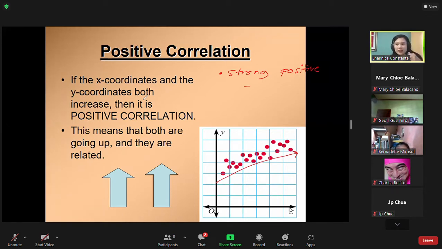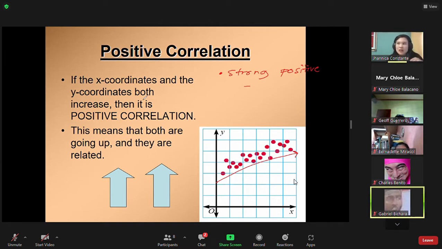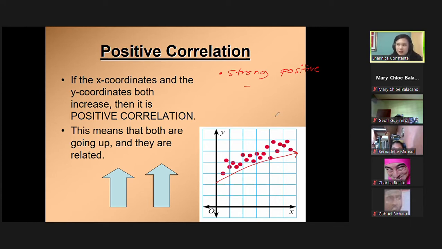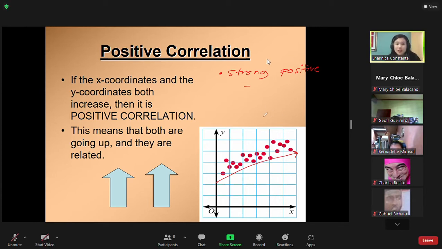They have only a few spaces in between the dots that we have on the graph. That is what we mean by the strong positive. It doesn't indicate a scatter. The dots that we have on the graph are not scattered. That's why it's a strong positive.